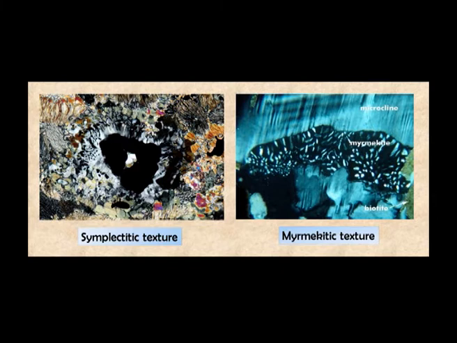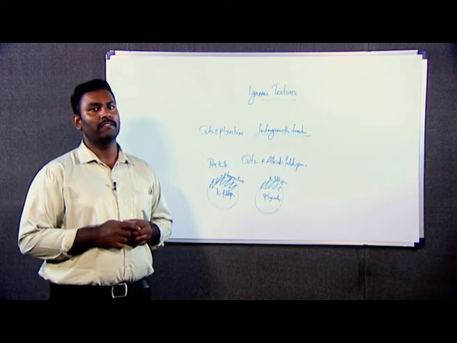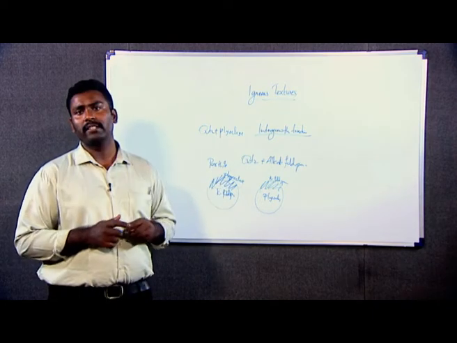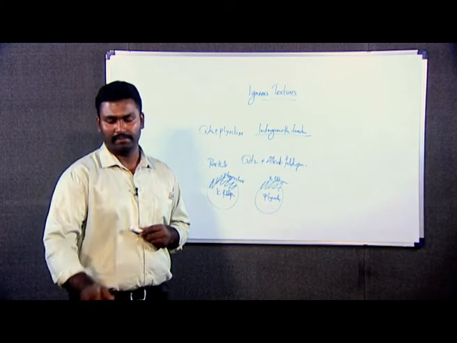As you can see in the symplectic texture, the garnet has been surrounded by worm-like spinel minerals, and in the myrmekitic texture you can see worm-like quartz intergrown in the plagioclase feldspar. So these are the important types of intergrowth texture: graphic, then perthite, antiperthite, then symplectic texture, and the last one is myrmekitic texture.